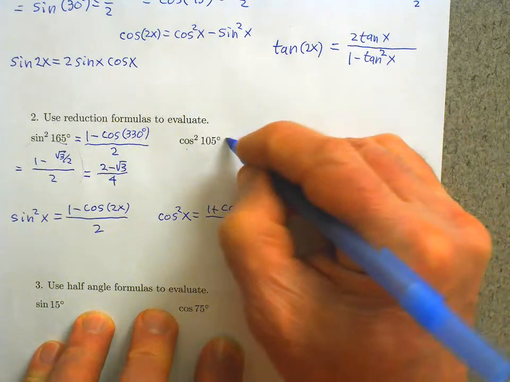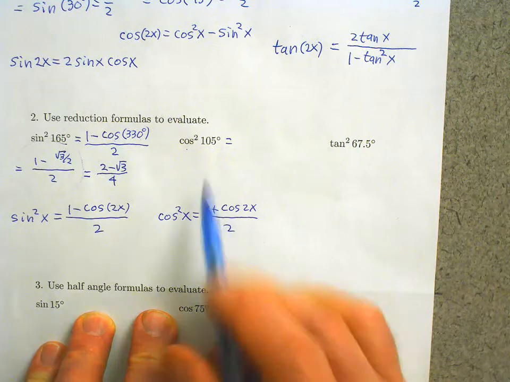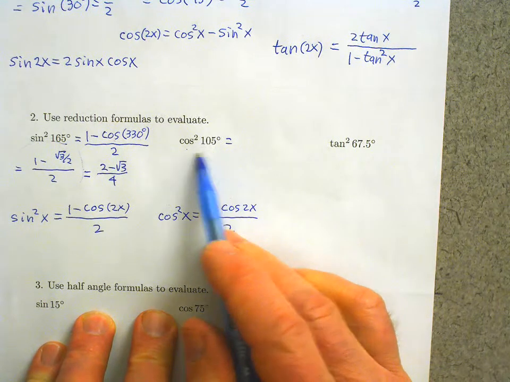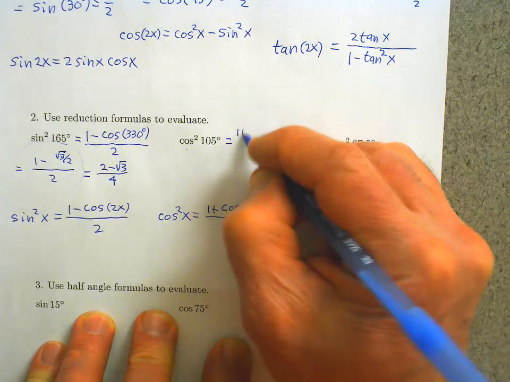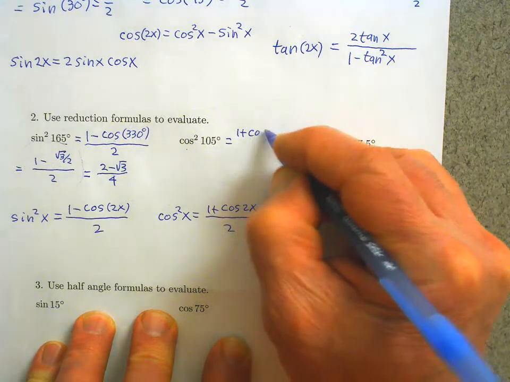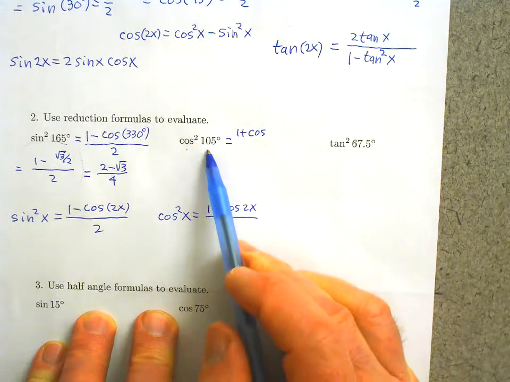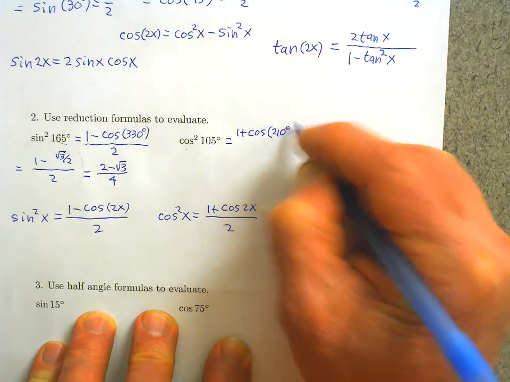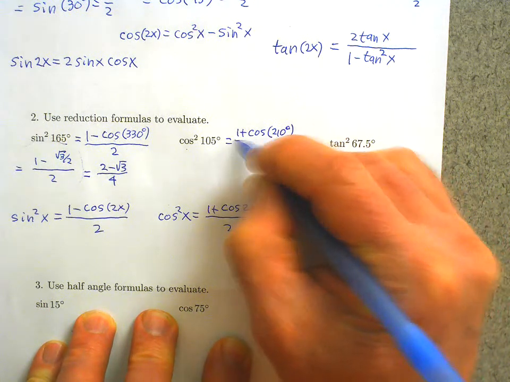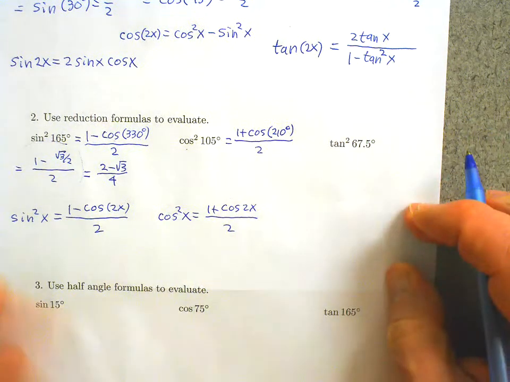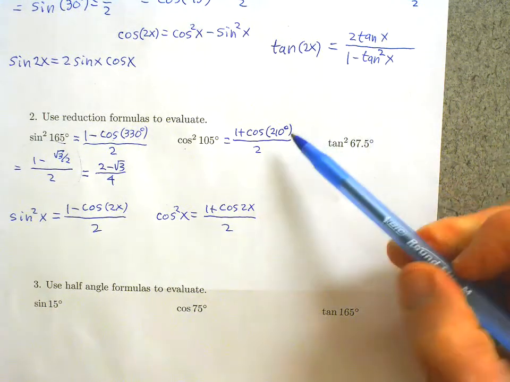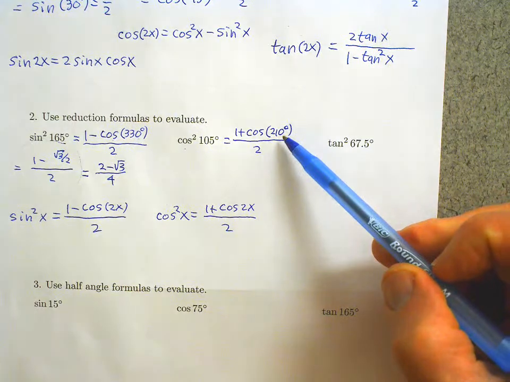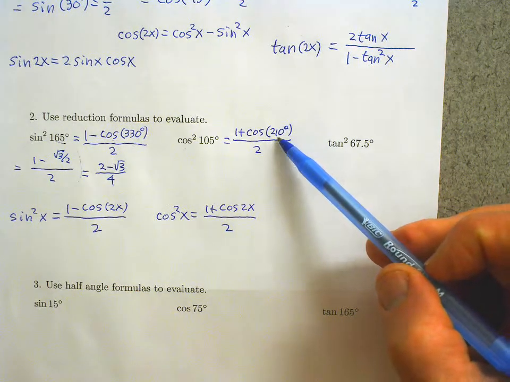So for this one, we can write cosine of 105 degrees squared as 1 plus cosine of 2 times 105 degrees, which is 210 degrees, divided by 2. 210 degrees is in the third quadrant.